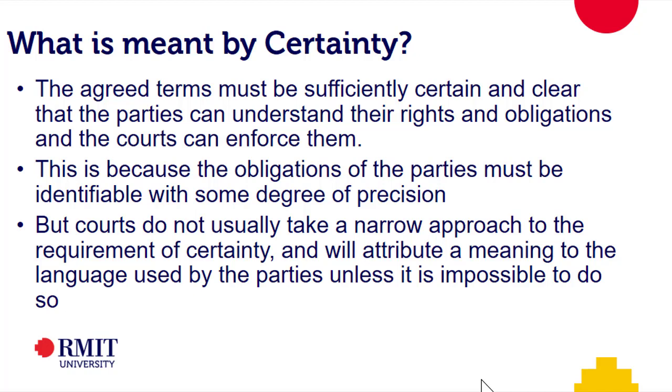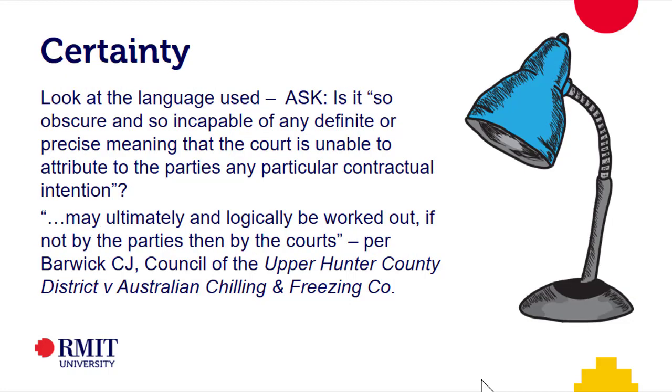Even so, courts don't usually take a narrow approach to the requirement of certainty. They'll attribute meaning to the language that the parties use unless it's impossible to make sense of them. So on the whole, when looking at the terms, they think about the context, they think about what the parties might have meant, and they try and make sense of the language.